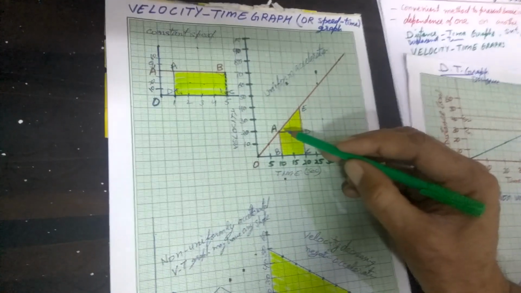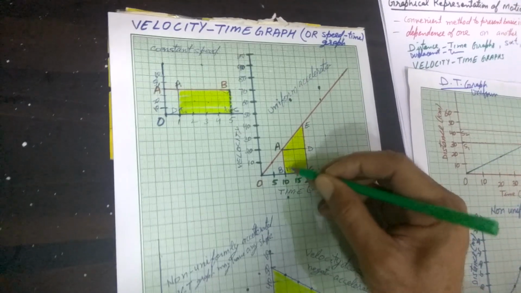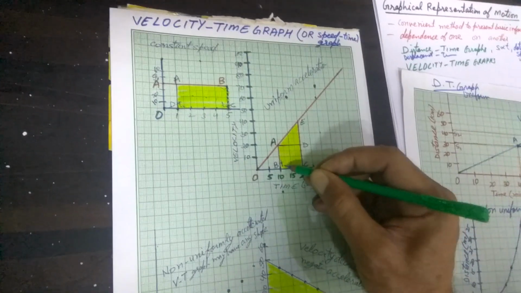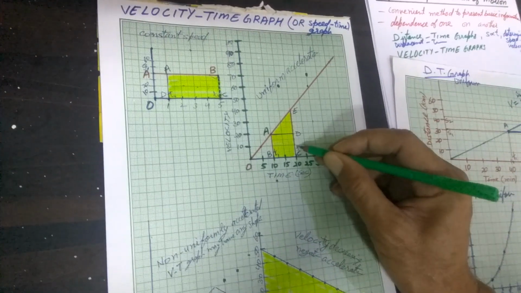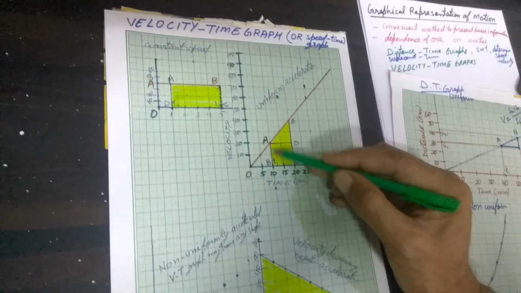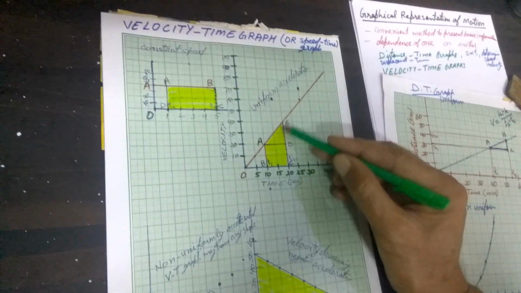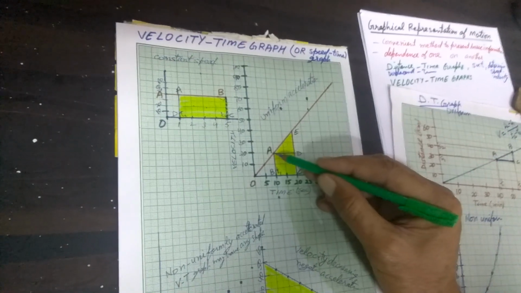If we take this one as t1 and if we take this point as t2, then in that case this area can be found out.